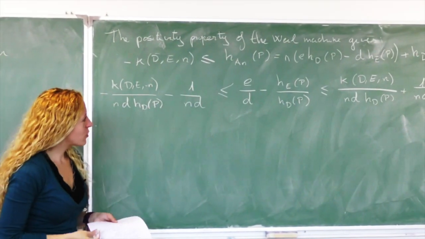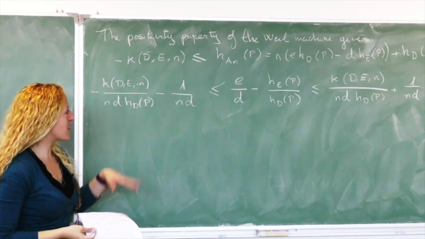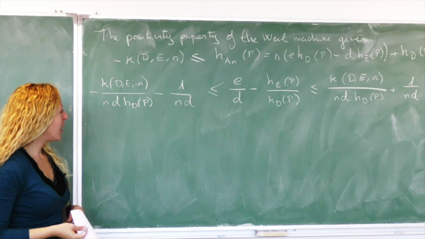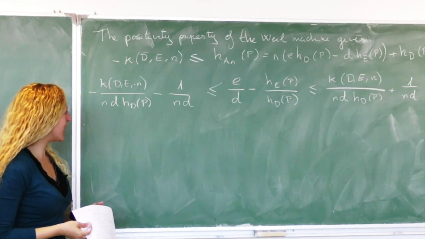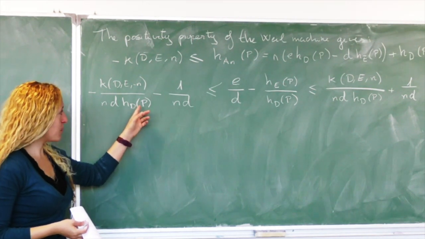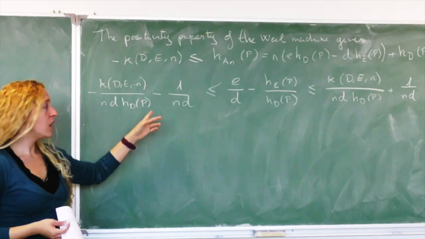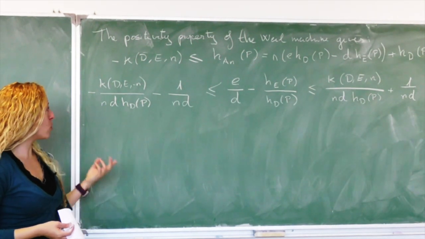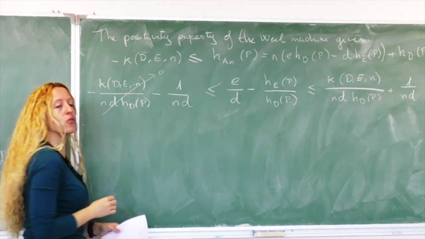Okay, so now that we have this, so I mean basically this is multiplying by minus 1, what's happening? Okay, so imagine that h_D(P), because it's the limit that we want to study, goes to infinity. So if h_D(P) goes to infinity, this goes to 0, because this is a constant.